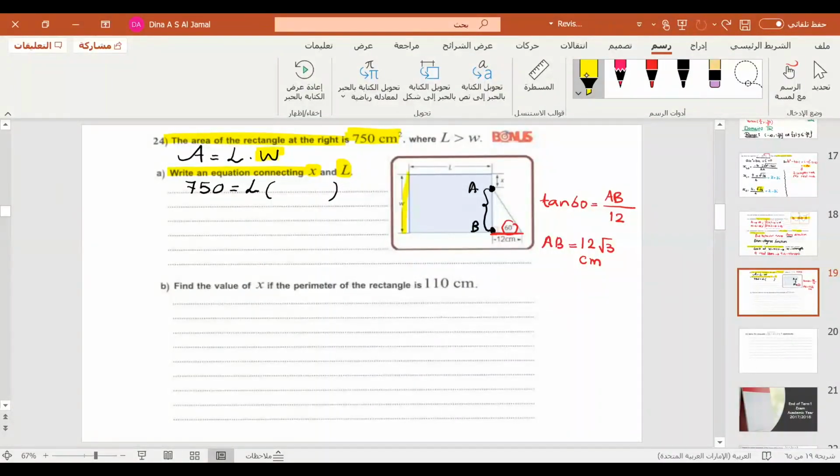Your W is all about your X added to AB. That means you can remove your W and write your value as X plus your value of AB that you just found, which is 12 square root of 3.